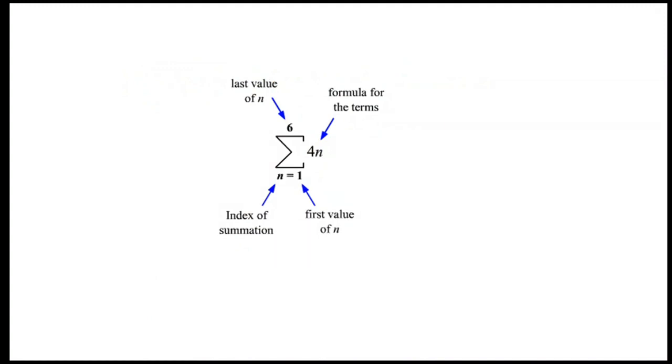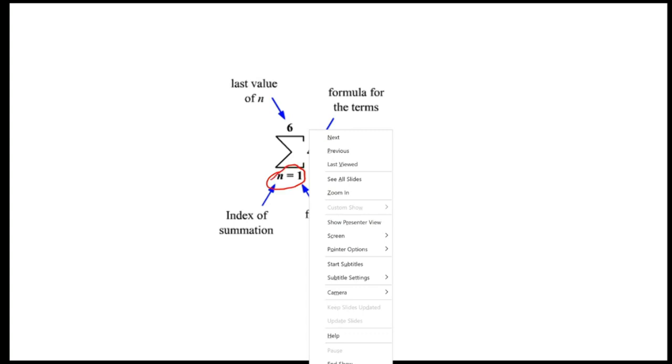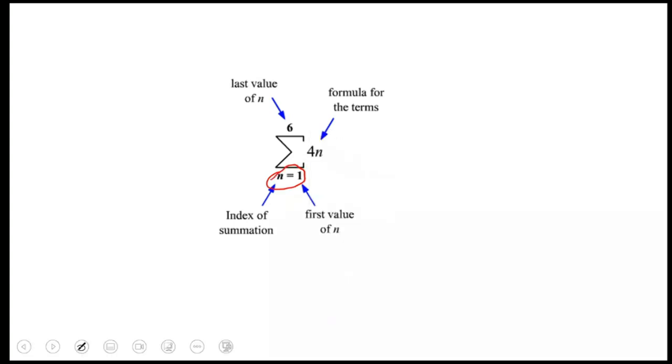This is what it means. You've got an index. This is your n is equal to 1. This is suggesting that you are starting at 1. So your first substituting value will be 1 into this formula.